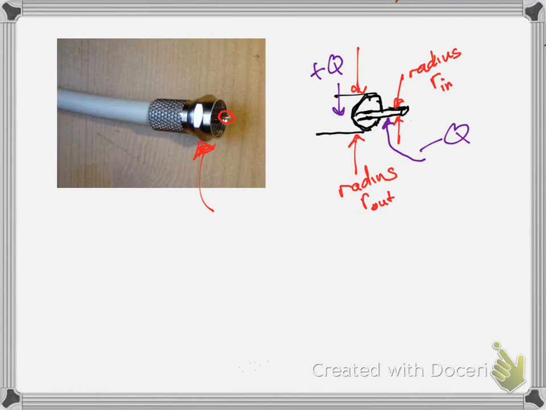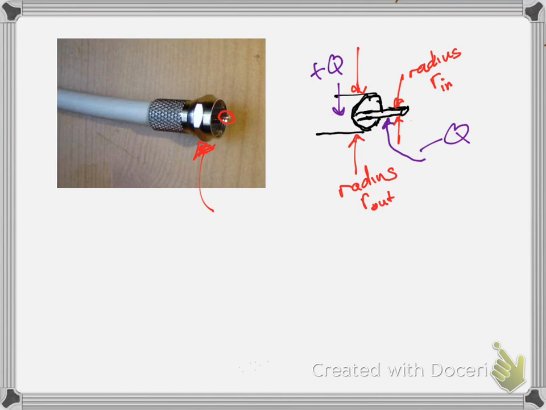So I've included a picture here that illustrates a little bit about the geometry of the situation. We've got two concentric conductors. For reasons which you may see later, we need to have them on the same center. The inner conductor has a radius r inner, and the outer conductor has a radius r outer.